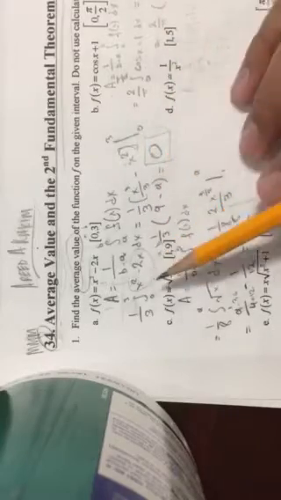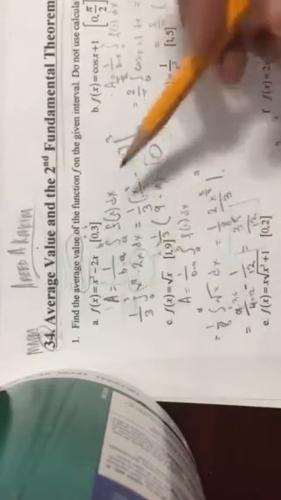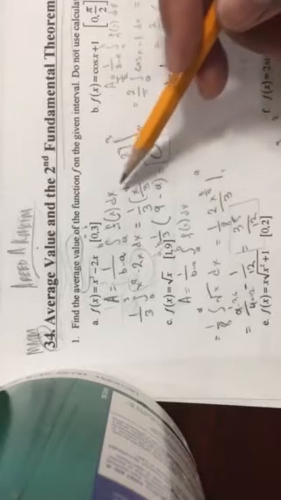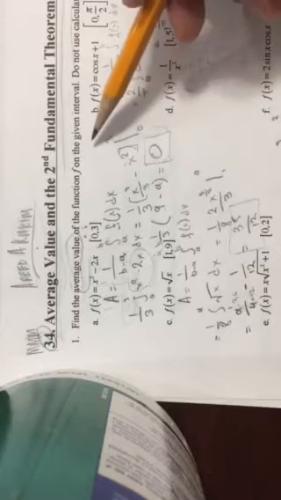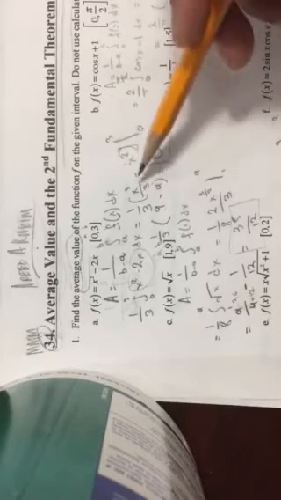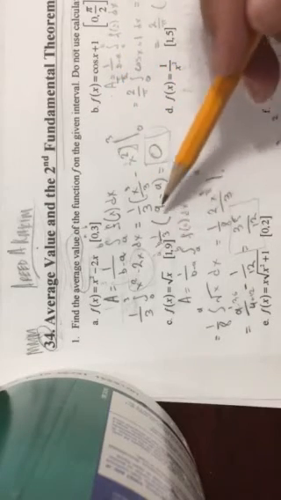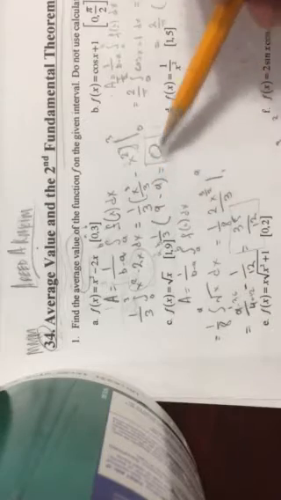Took the antiderivative of f of x, which is x cubed over 3 minus x squared, from 0 to 3. Plugged in the values, got 1 over 3 times 9 minus 9 equals 0.